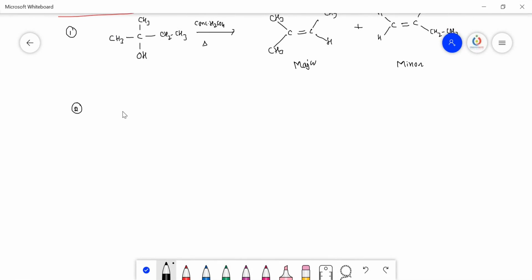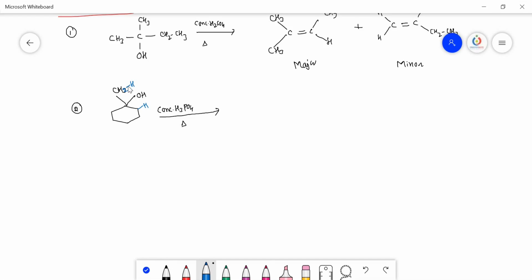Second, let us take another example. Concentrated H3PO4. So H3PO4 works also like the H2SO4. So you don't bother about that. So here hydrogen may be removed either from here or from here. You take it as a hydrogen.